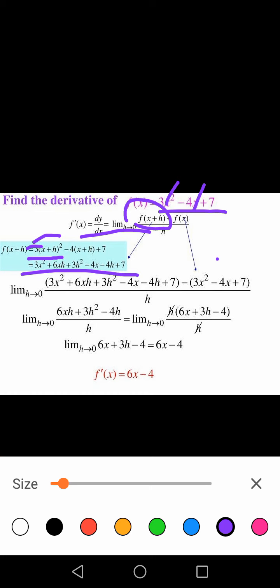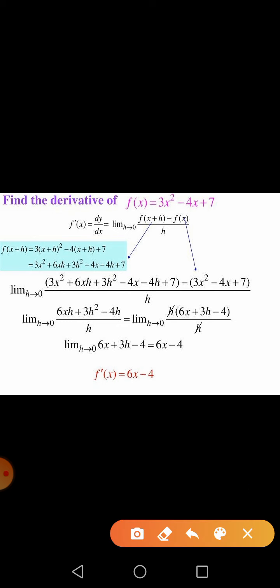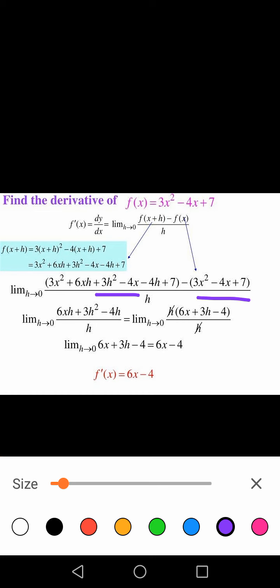Okay, then he continued to substitute in the rule, negative f(x), so I will write the original function here over h. Then he expands the bracket and subtracts the two functions together to get this value, 6xh plus 3h squared minus 4h over h.